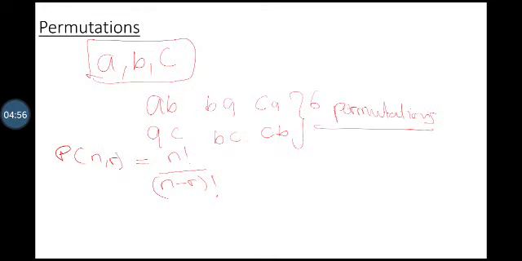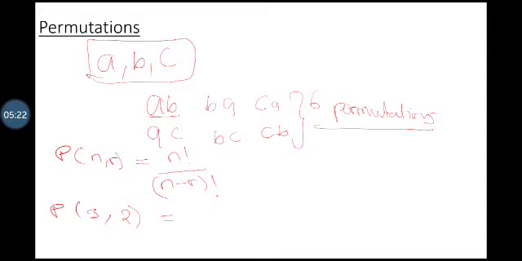Trying to use the formula to find the permutations that you can get from 3 letters arranged in twos, you're going to have P(n, r), where the terms that we have here are 3, so n is 3, and we're arranging them in twos, so r is 2.